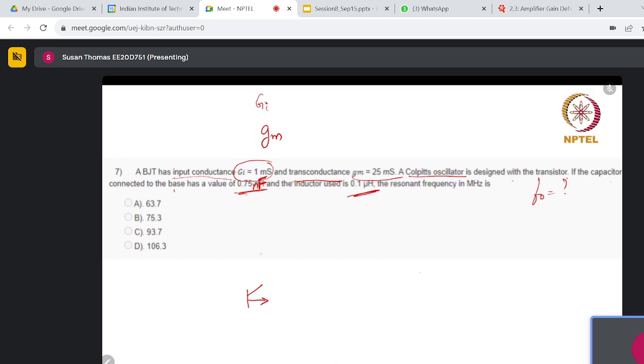If you have a transistor based circuit here, just to give a rough picture of the Colpitts oscillator, you have one inductor, which is in parallel with the two capacitors in series.